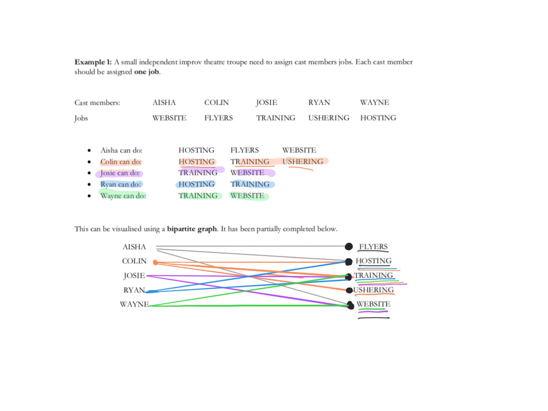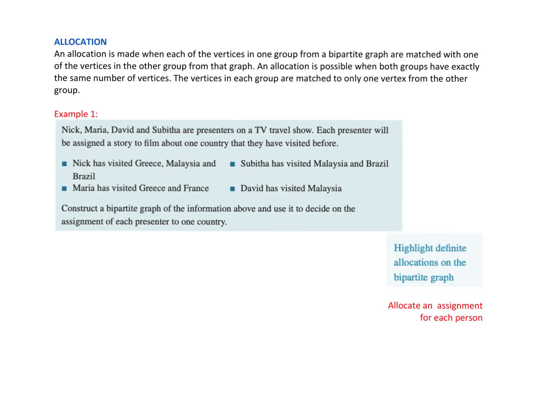When I produce that, this is a bipartite graph. In the end I've got 10 vertices there, okay? What we call this is an allocation. An allocation is made when each of the vertices in one group from the bipartite graph is matched with one of the vertices in the other group.